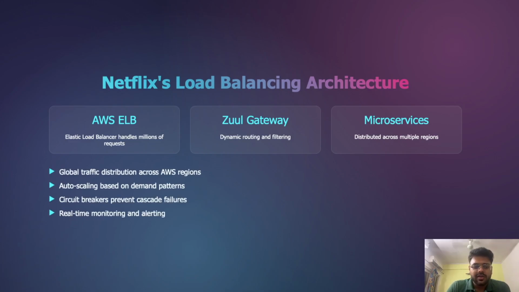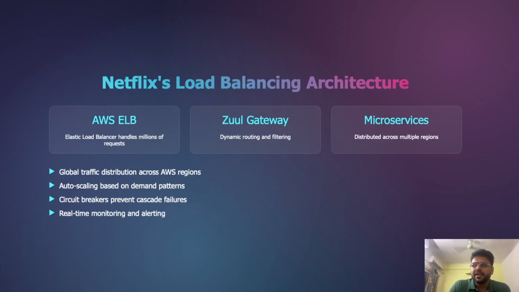Now let's come to a very interesting topic, I would say, discussing the Netflix load balancing architecture. Netflix actually heavily relies on AWS Elastic Load Balancer, that is AWS ELB. But here's the thing, they don't depend upon a single load balancer.